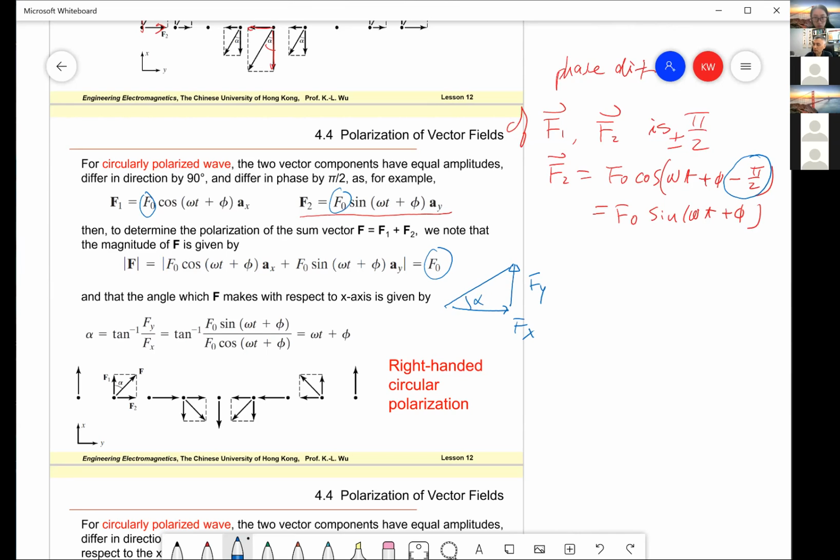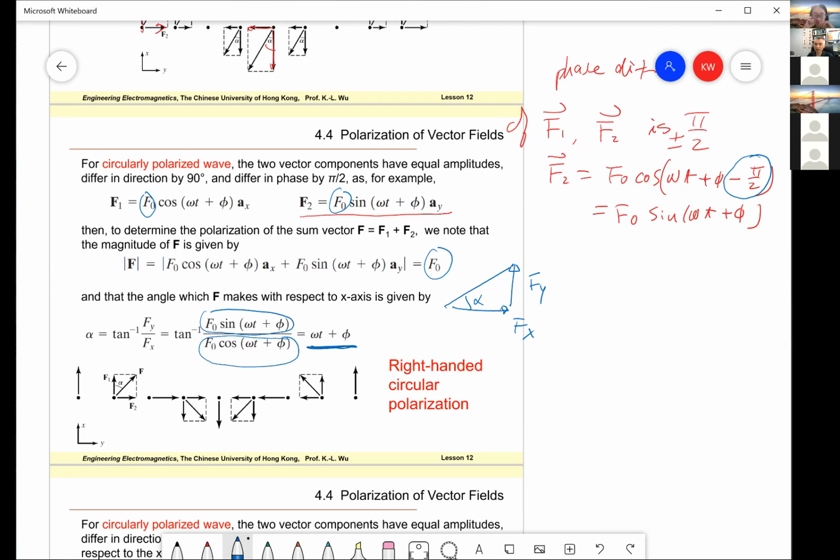In this case, the angle is sine omega t plus phi divided by cosine omega t plus phi, which becomes arctangent of tangent, and that equals this.